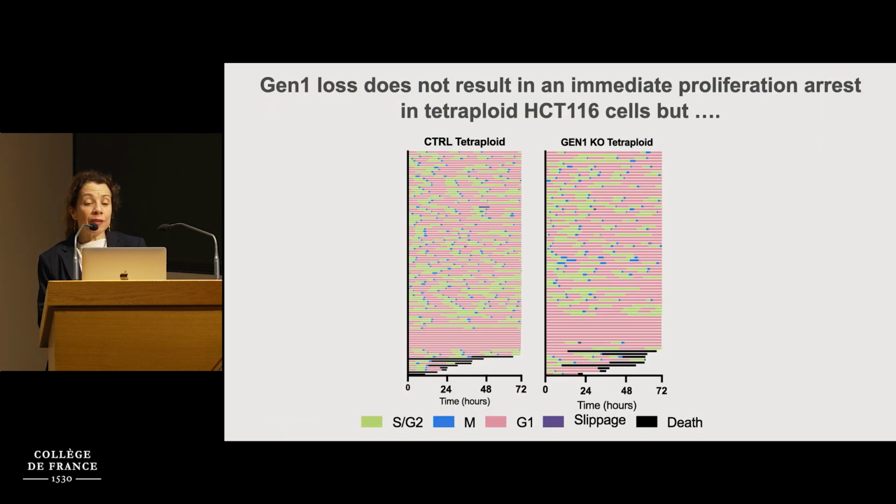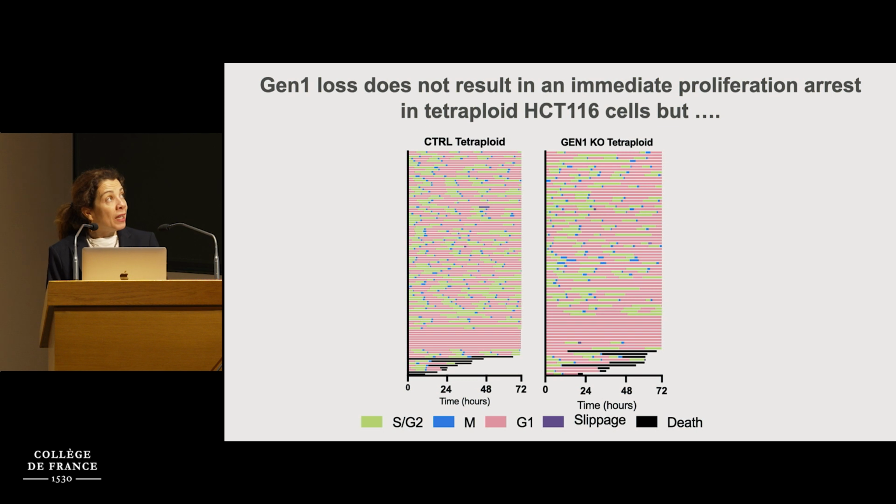And interestingly enough, we do not see that Gen1 loss can induce the same level of proliferation arrest in these cells.